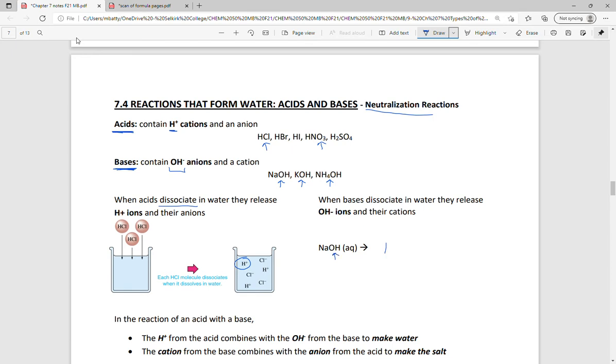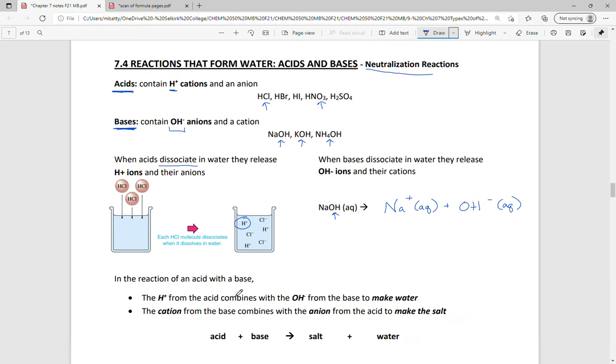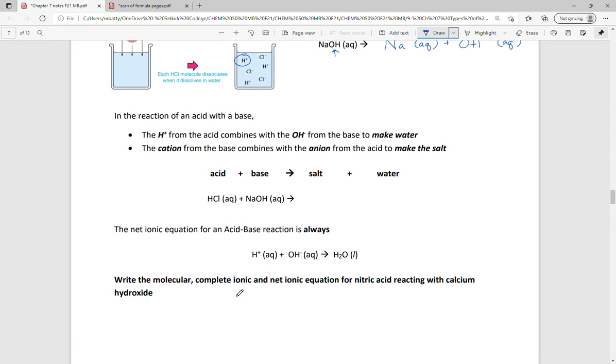So the sodium would be in solution and the hydroxide would be in solution. This idea that these ionic compounds dissociate. So in all of these acid-base reactions, the hydrogen from the acid is going to practice this pattern of double displacement and combine with the hydroxide of the base, except we're not going to write it as HOH.